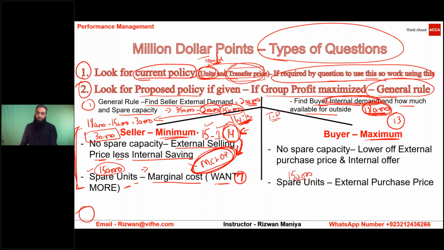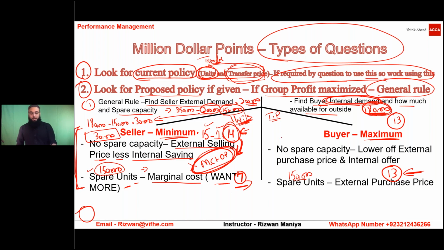The maximum that the buyer can pay me is how much? 13, because this is the same the buyer can buy from outside. For spare units, the maximum that the buyer will pay me is 13. So the minimum for the seller is 7 and the maximum for the buyer is 13 for spare units. Okay?